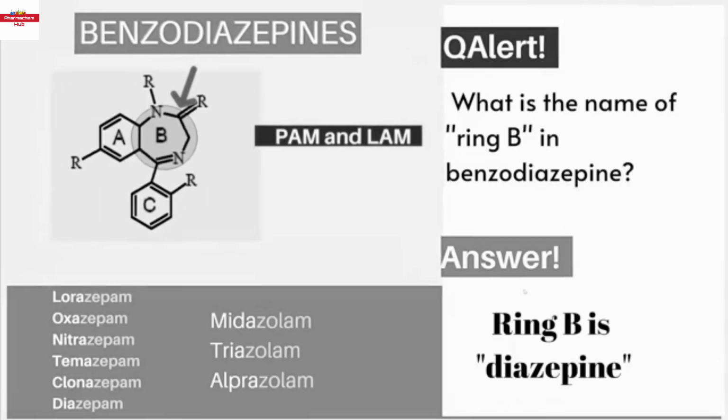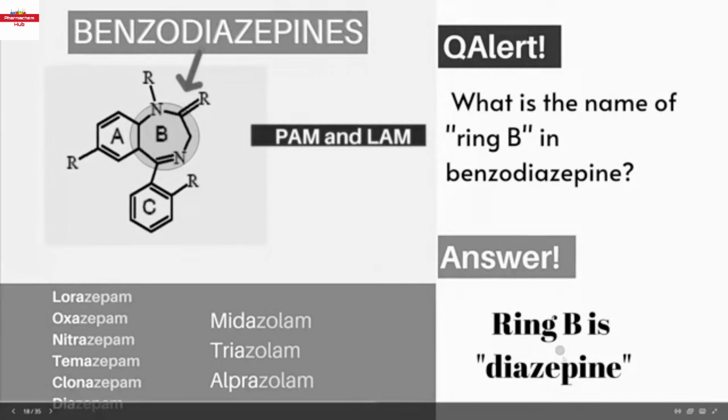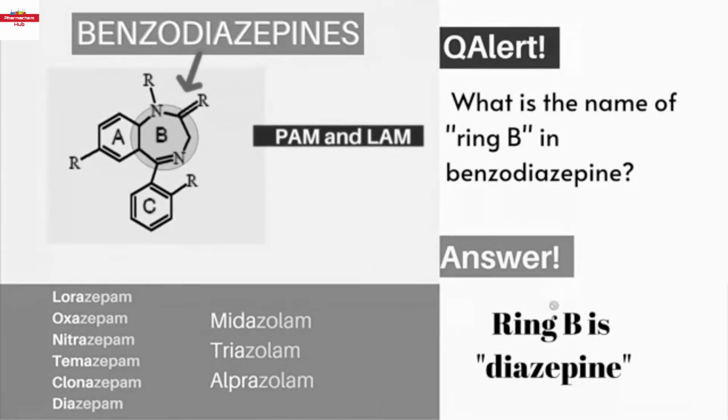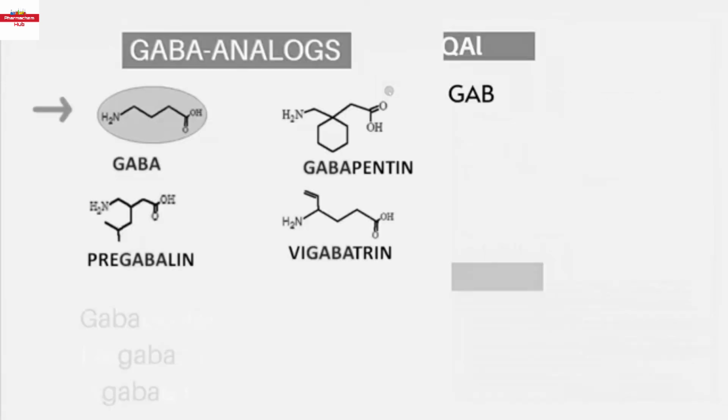So here ring B is called the diazepine ring. See, I said before, the name itself tells you what it is. Benzodiazepine comes from the diazepine ring, and there is a benzene attached to it, therefore it is called benzodiazepine. Alright, so this is how analogs are helpful to understand.